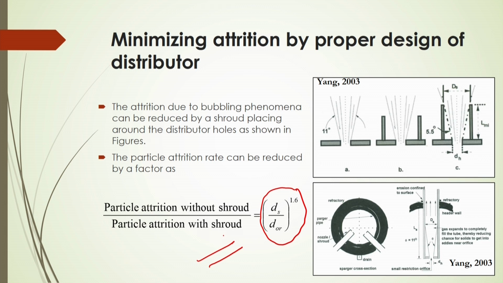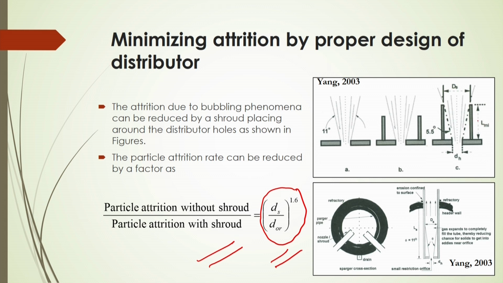First of all, you have to calculate the particle attrition without shroud, which is known, and then if you make the provision or design by adding the shroud, the particle attrition will be reduced according to this expression.